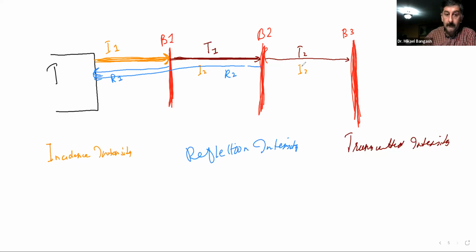Clear. But what we know is that as we travel deeper and deeper, as the sound wave propagates further and further, its power, its intensity, its amplitude is going to get weaker and weaker.